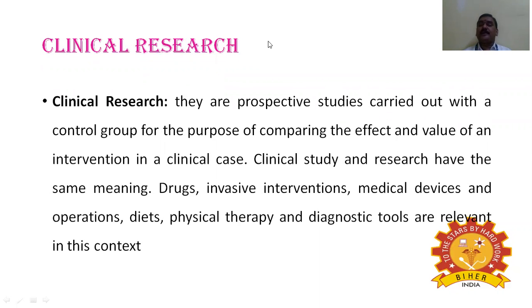Therefore, clinical study and clinical research have the same meaning. Drugs, invasive interventions, medical devices and operations, diets and nutrients, physical therapeutics and diagnostic tools are relevant in this context.